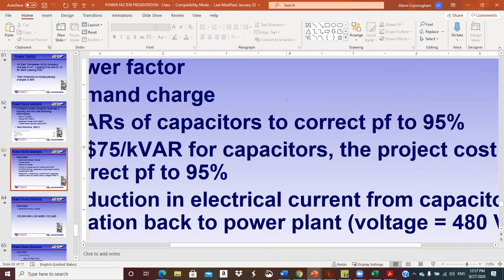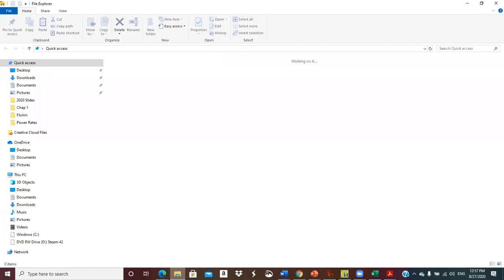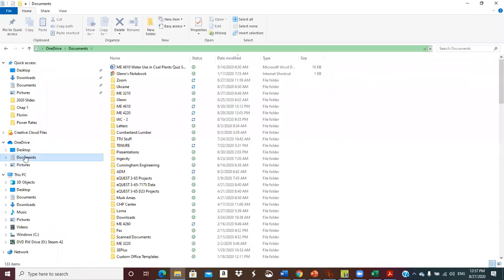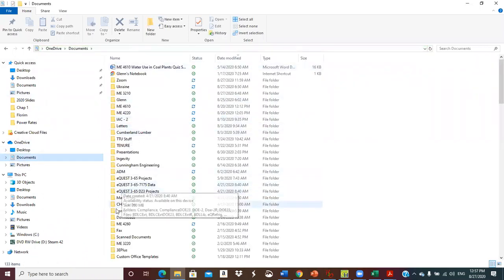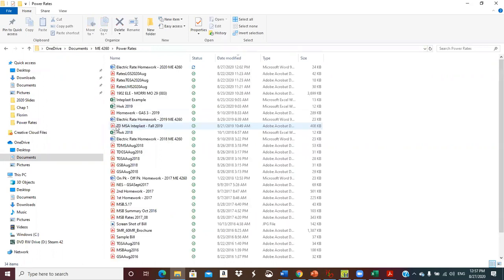Let's look at that GSA rate structure real quick, because we haven't done that in here. Power rates, GSA right there.